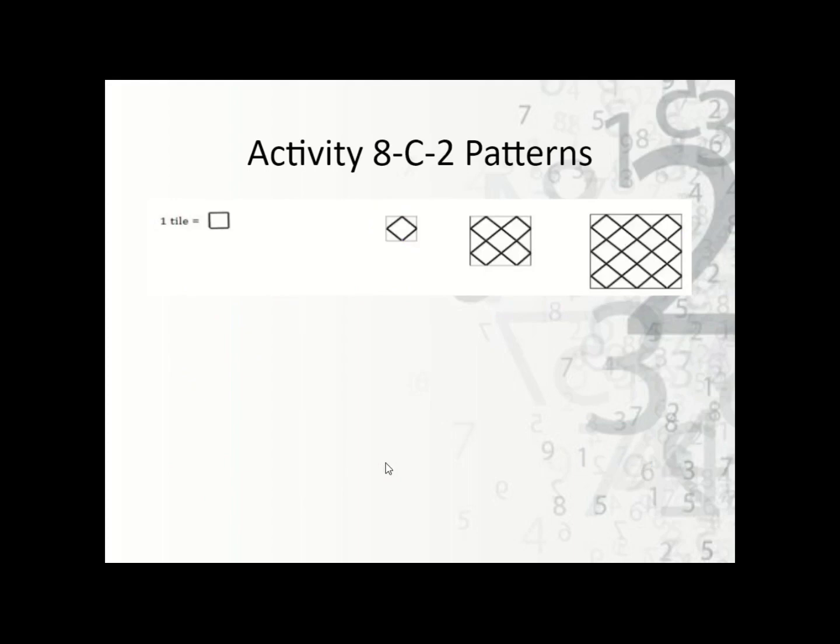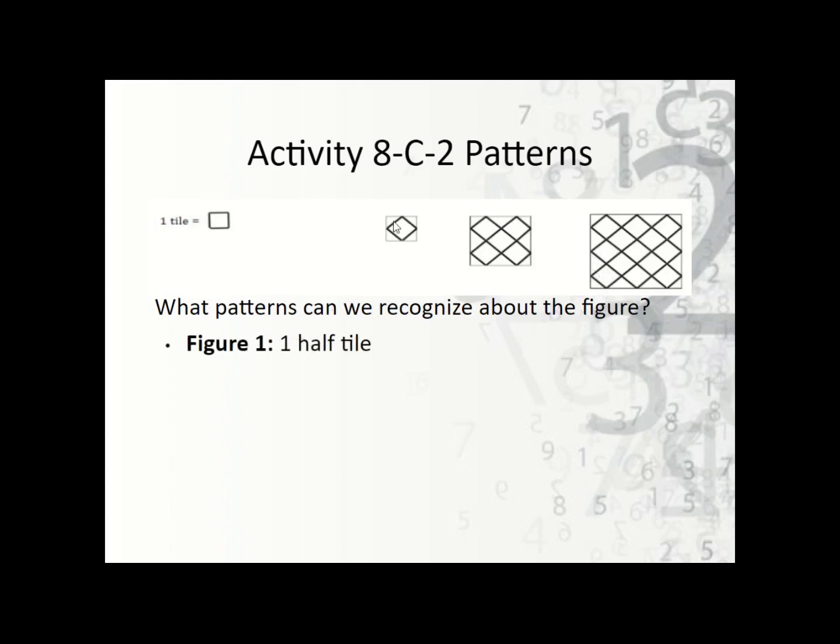Let's look at another example. On this one, we're given a tile, and each of them is broken up as well. So we have these patterns inside here. And notice there's a quarter piece here, a half piece here, and so on. So in figure 1, there's one half tile, meaning it cuts up into part of it.